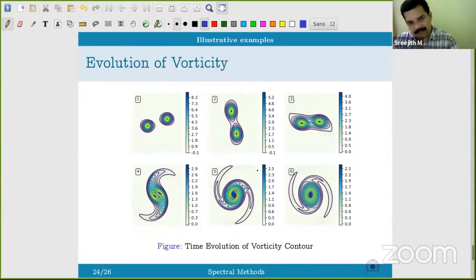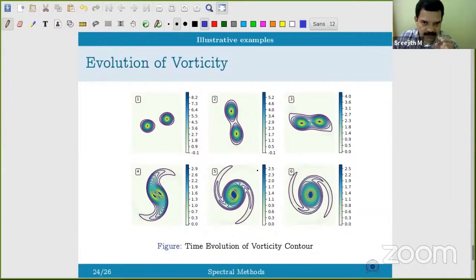Finally, this is a two-dimensional solver actually. The application is what is known as two-dimensional turbulence, which is present in soap films, etc. Now, in atmospheric air also, when the thickness of the atmosphere is less compared to the horizontal length, that means when this length is very much greater than the thickness, you can approximate the flow as two-dimensional.